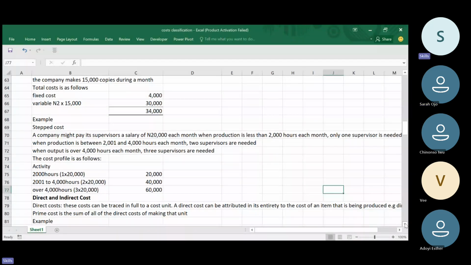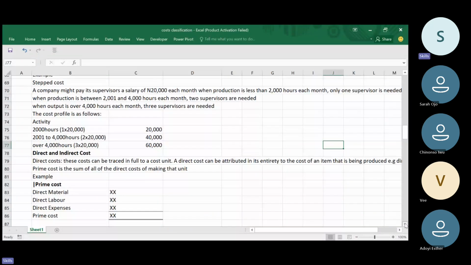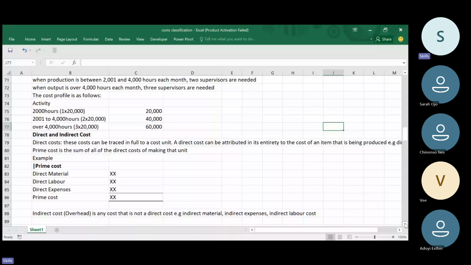So now we have direct costs. We say direct costs, these are costs that can be traced in full to a cost unit. You can trace this cost in full to the product. Such costs, we refer to them as direct costs.